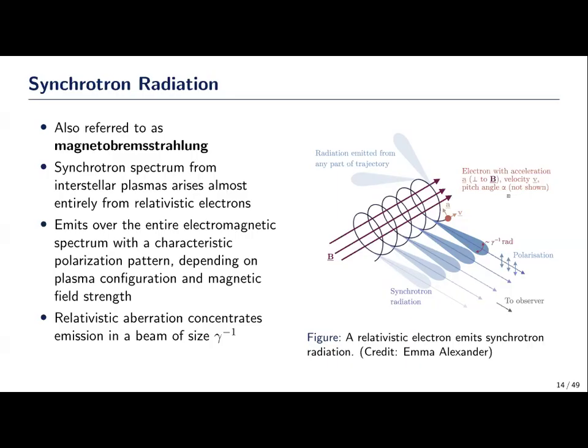But to be in the spiral motion, it needs to be constantly accelerated, which is why in German we refer to this behavior as Magnetobremsstrahlung. When you accelerate a particle, it emits braking radiation. And if it is subject to a magnetic field, then it is braking radiation from a magnetic field, which is why we call it Magnetobremsstrahlung.